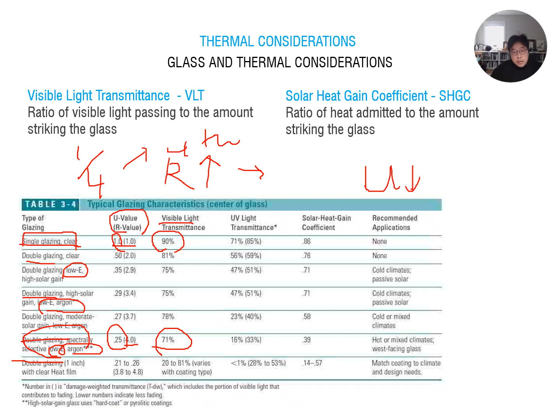And you can also see solar heat gain. Of course, there is much less solar heat gain from outside, and of course more light comes through the single glazing system, so you can see there is more UV light passing through compared to this.